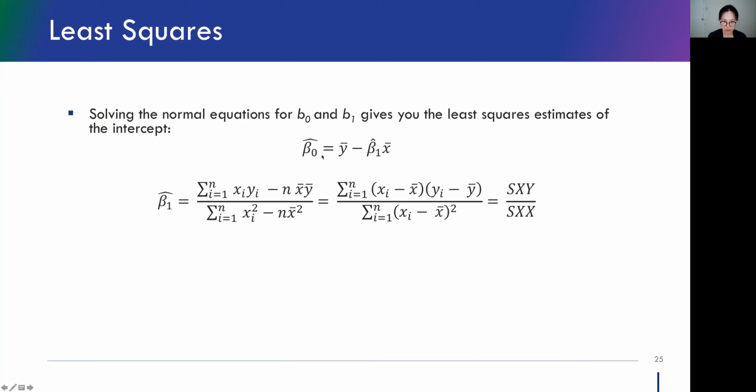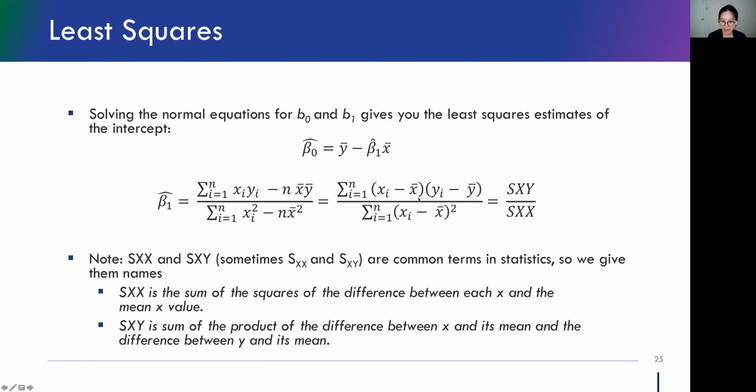And this is what they look like. Also, this is a little messy, and so people tend to write this numerator and denominator as SXY and SXX. And I have said in the note here, they are common terms in statistics.